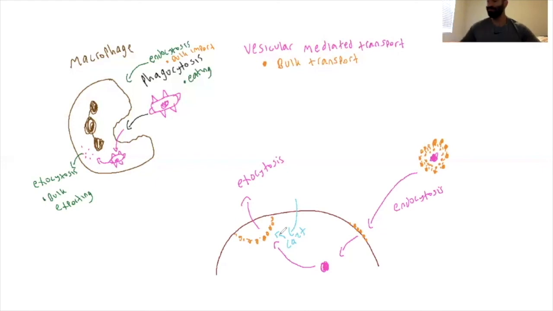So once again, vesicular mediated transport is for bulk transport. Endocytosis is the process of bringing large amounts of things inside a cell. An example of that is phagocytosis, the process of eating. And that is done by a macrophage, brings in a pathogen or something else large, goes into the cell, digested, then the products are dumped out via exocytosis.